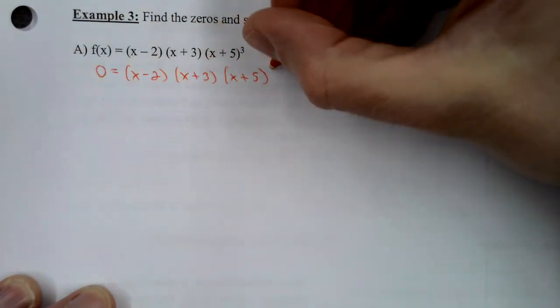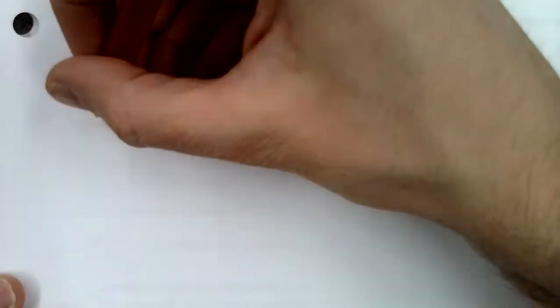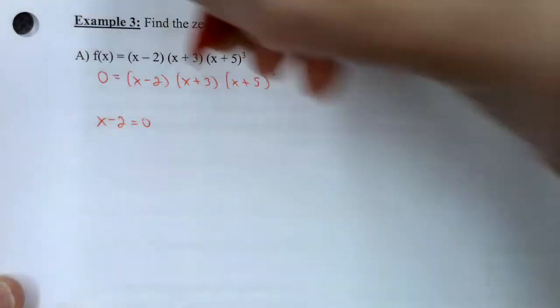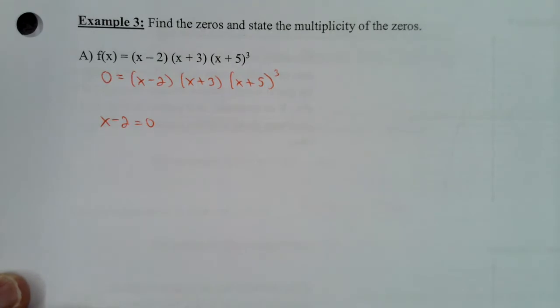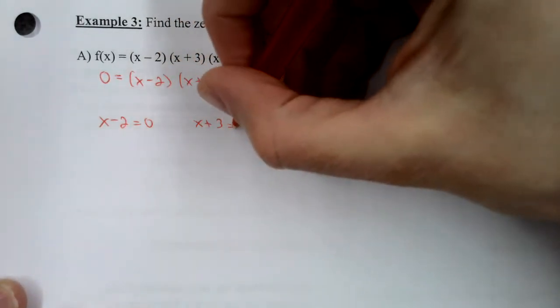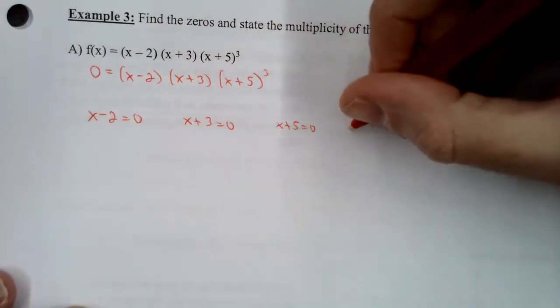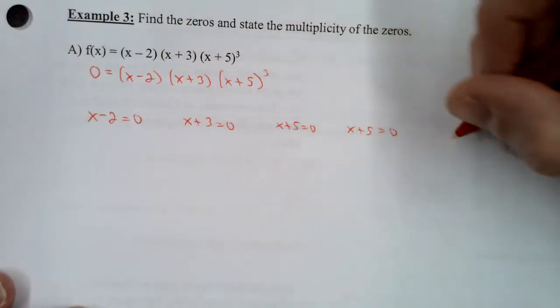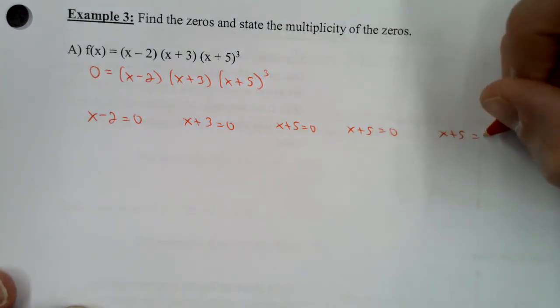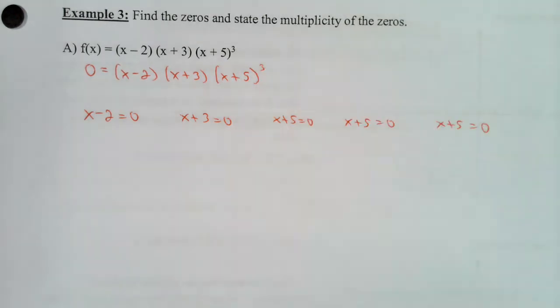So think about it like this. You can probably go right to the answer, but essentially we have x minus 2 equals 0, x plus 3 equals 0, and then x plus 5 equals 0, three times, because it's cubed.